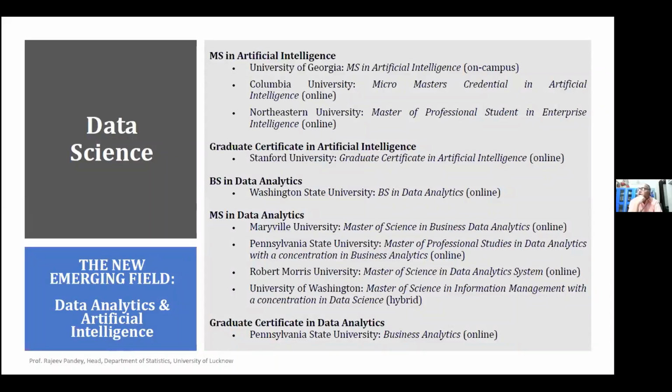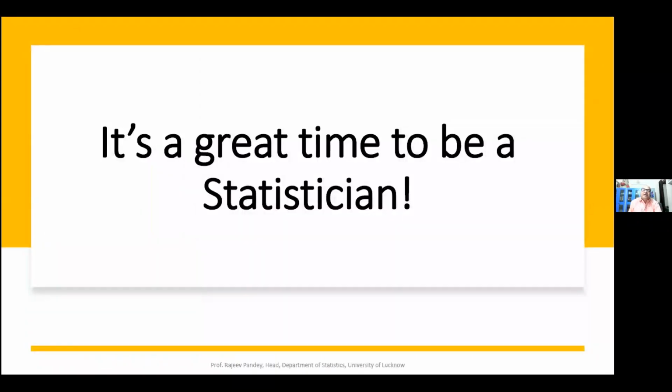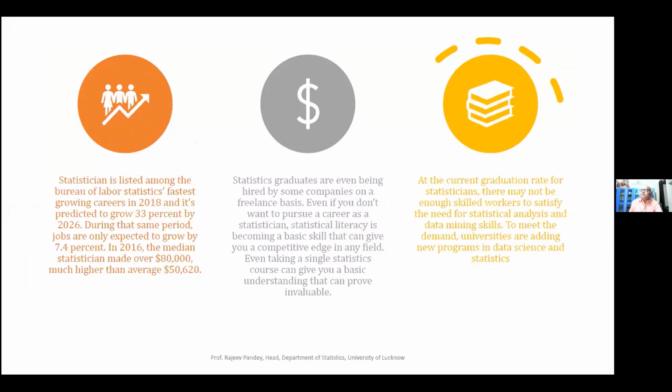Robert Morris University is also one of the universities offering an online Master of Science in Data Analytics for our statistics students. University of Washington has a hybrid program for our students, online as well as offline: Master of Science in Information Management with a concentration in Data Science. It's a great time to be a statistician.